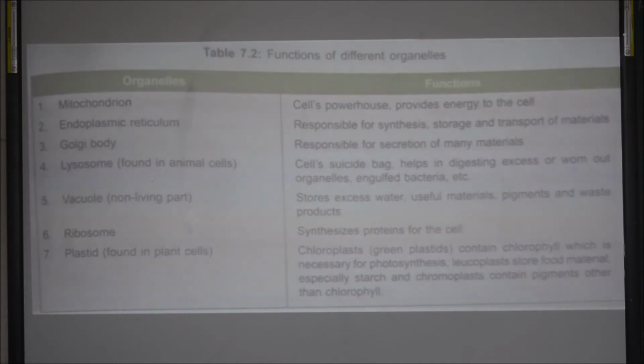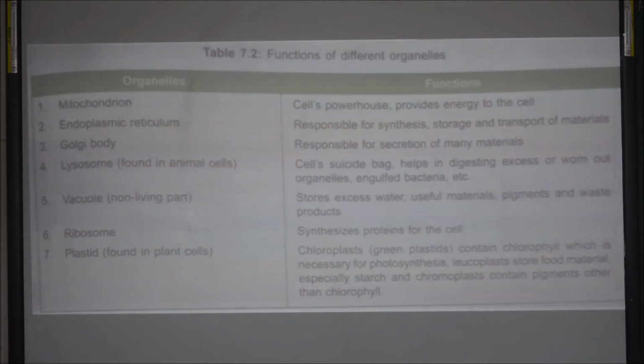Third one is Golgi bodies. Its function is that it is responsible for secretion of many materials in the cell. Fourth one is lysosome, which is found in animals only.